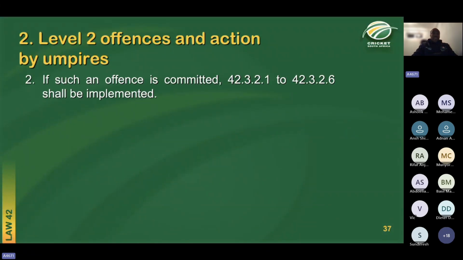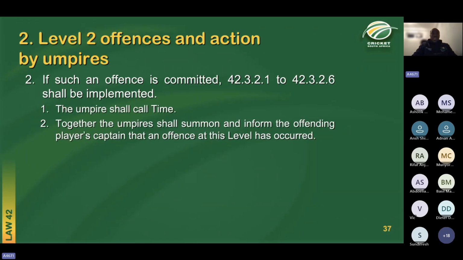So what happens if there is a level 2 offense committed? No warning this time around. We shall call time. We're simply calling time because we want play to stop and we want to make a scene out of what has happened, and we want to enforce the law strictly and with authority.